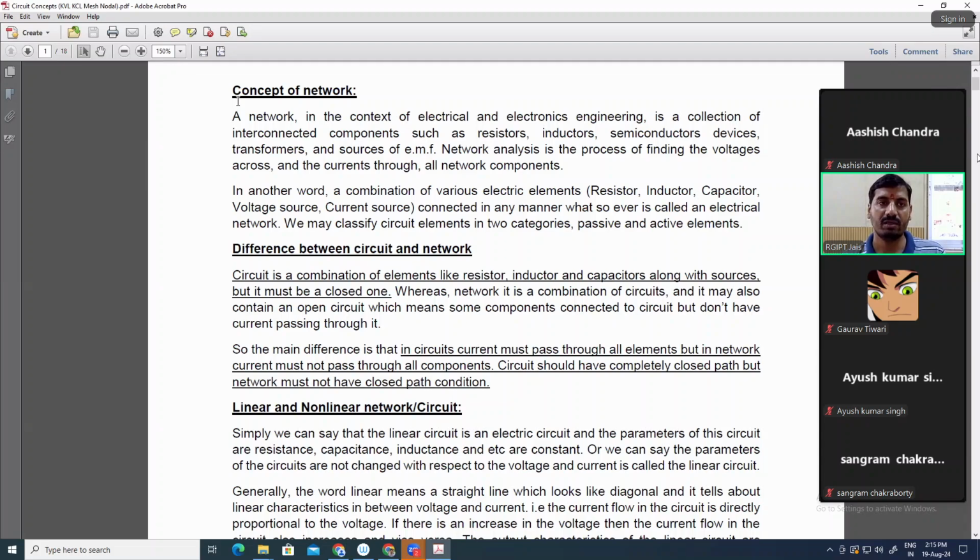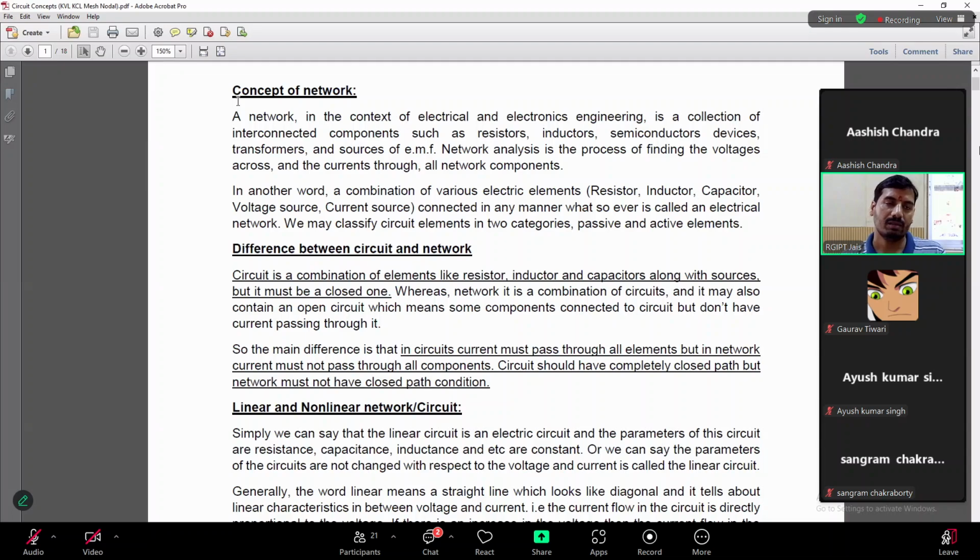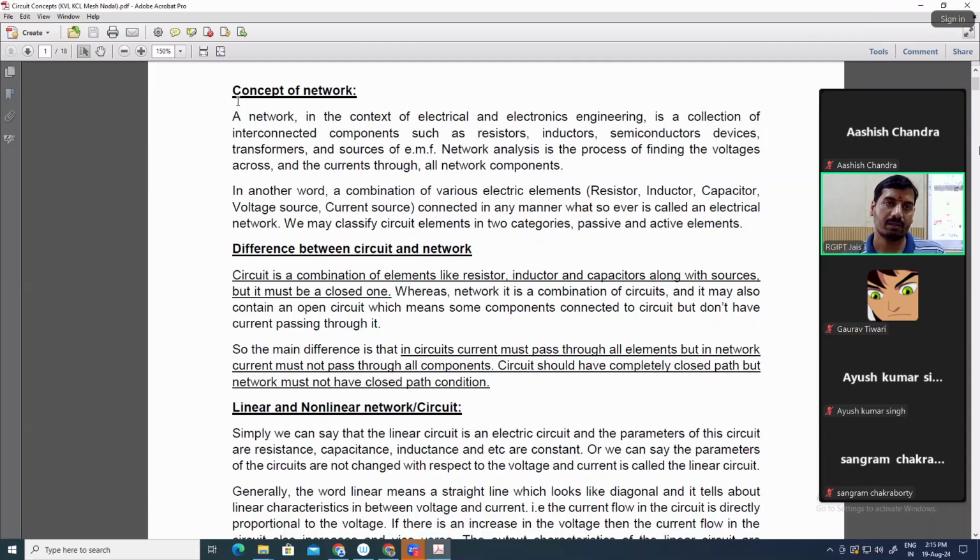It is taught in the first year, and you should remember it throughout your 4 years. If there is a question related to this fundamental in your interview, then you will be able to answer. In the morning class, I told you about the network and circuit.